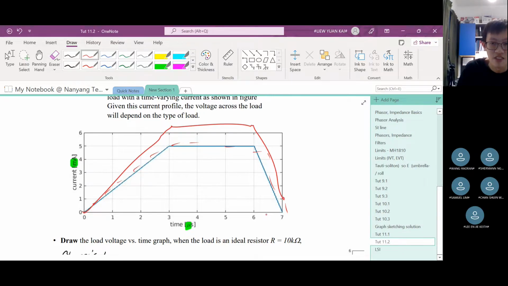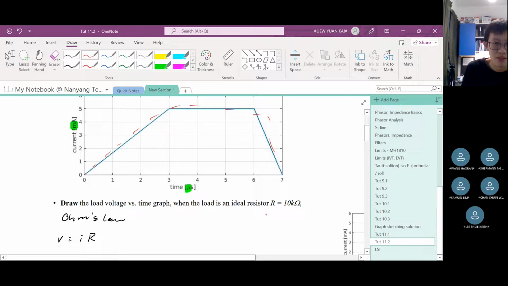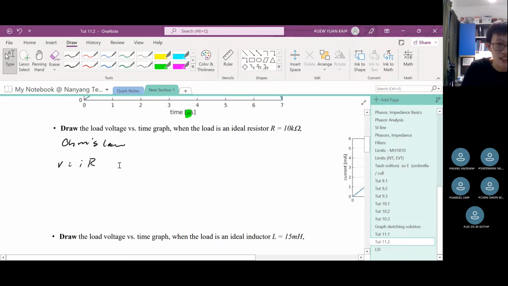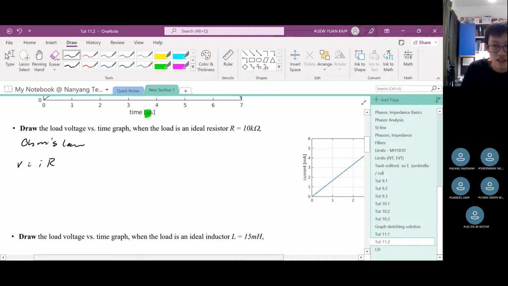For a simple resistor, the voltage is just a scaled version of the current. So let me see the chat. Okay, nothing.